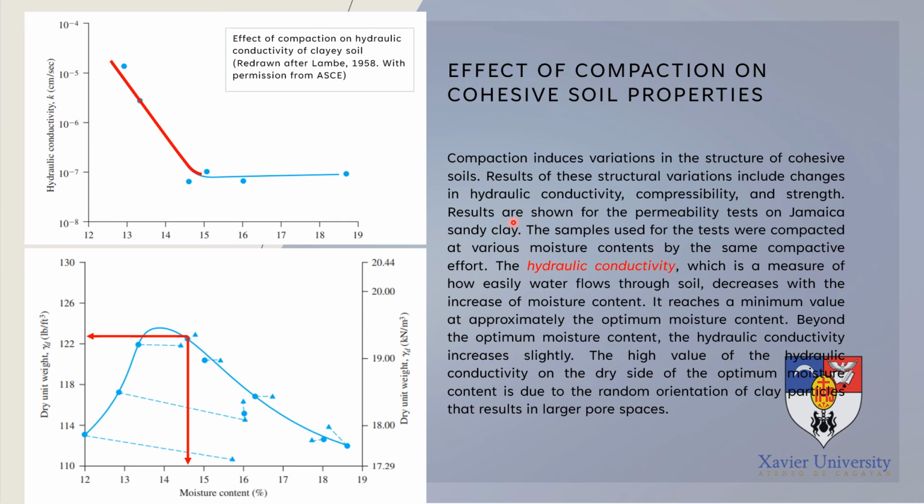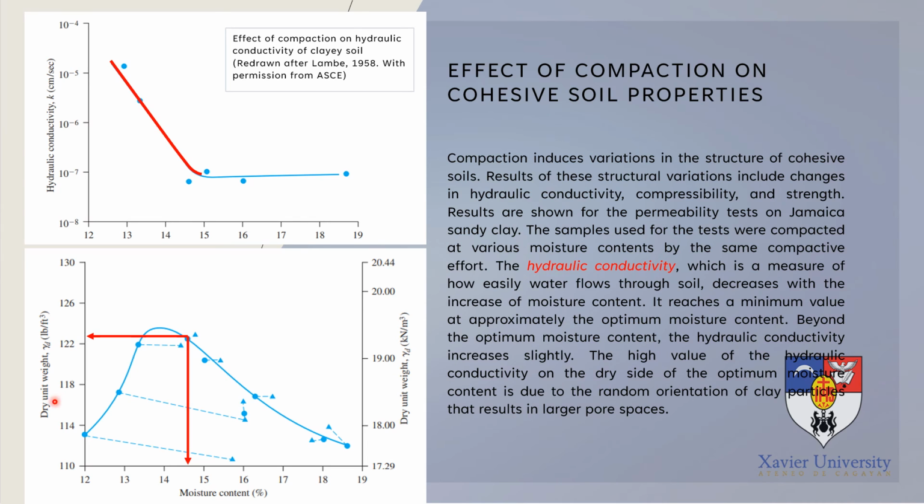First, let us define what hydraulic conductivity is. It is a measure of how easily water flows through the soil, meaning how easily our water can enter, penetrate or flow through our soil strata. So it also has something to do with its permeability, the ability of the soil to allow water to flow through it.